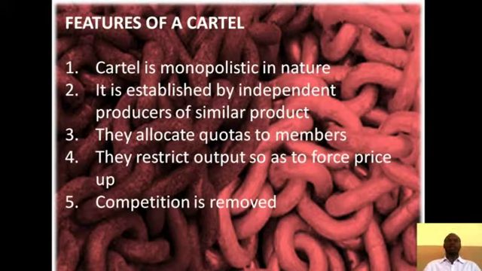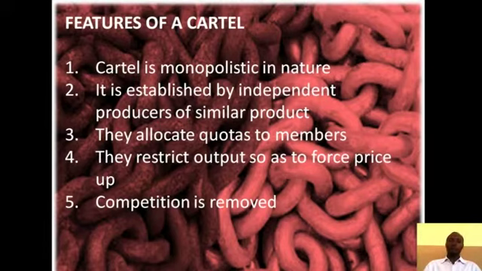Each member of this cartel is given certain quotas, certain allocations, or certain portions that they can supply to the market. No member is allowed to go above a given quota. If a member should decide to go above a given quota, that member can be sanctioned by the rules that guide their operation.